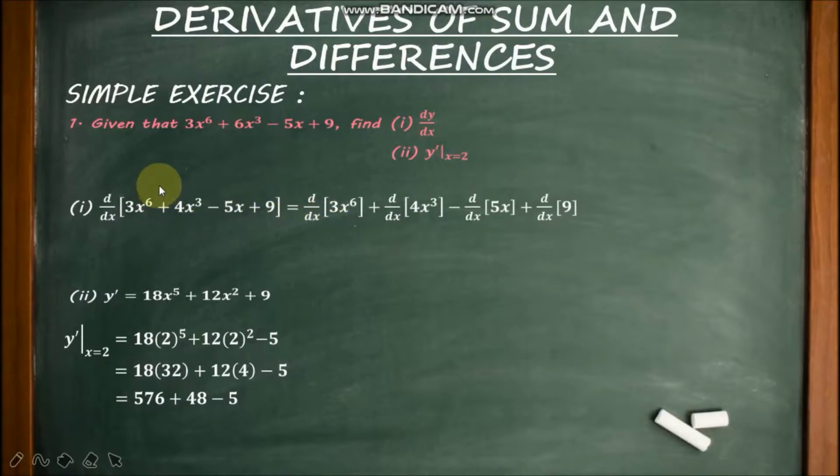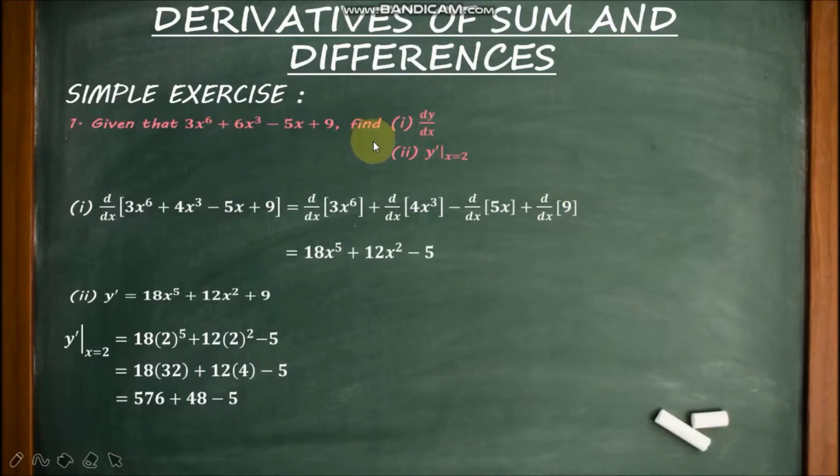Then we separate it into 4 parts, which is d dx of 3x to the power of 6, d dx of 6x to the power of 3, minus d dx of 5x, plus d dx of 9. Then we undergo the differentiation. Then we get the answer 18x to the power of 5 plus 18x to the power of 2 minus 5.